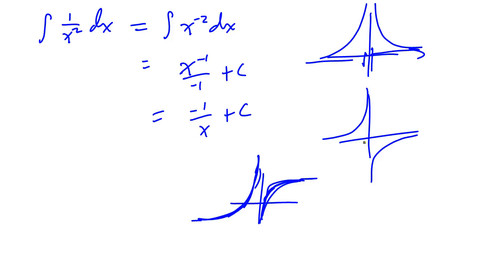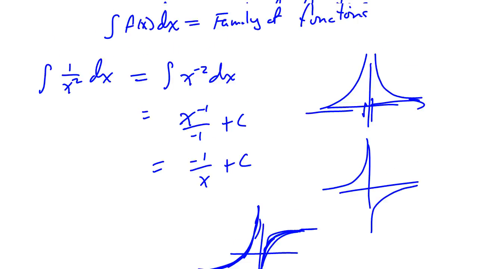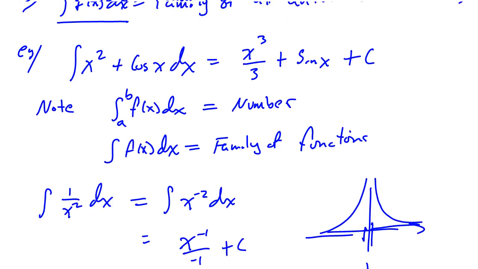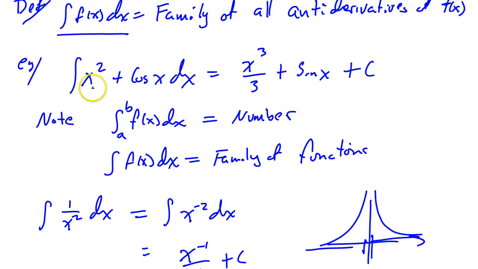So, for instance, the example that I did above with the x squared plus cosine x is polynomial. It's continuous everywhere from minus infinity to plus infinity. Likewise, cosine of x is continuous everywhere. So this has just one interval where it's continuous, all the way from minus infinity to plus infinity.